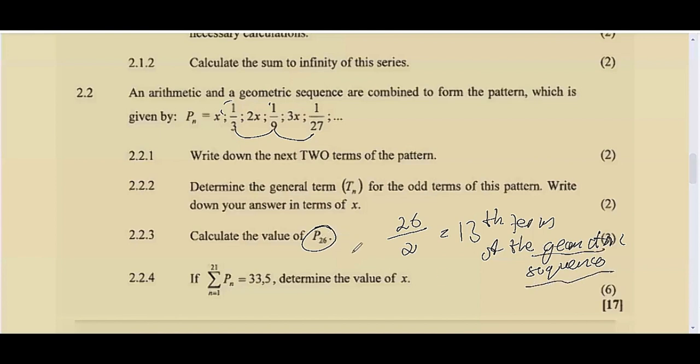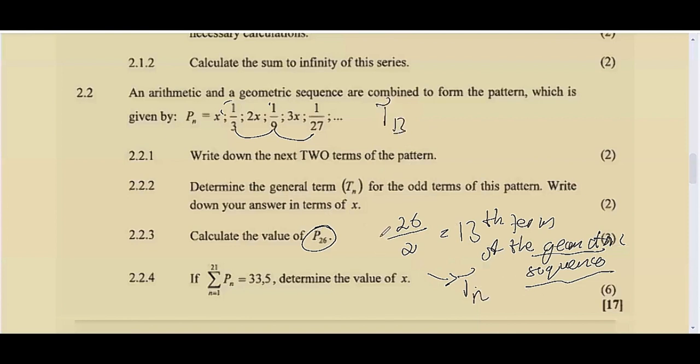So our P26 will actually be representing the 13th term of the geometric series, right? Hope that makes sense. Then in order to find that, calculate the value of P. So in my case, I'll just be calculating the value. Let me just express here the series as T, right? Tn.